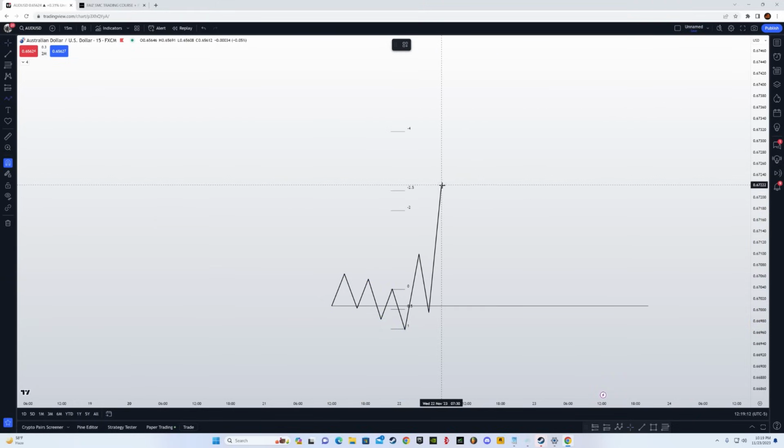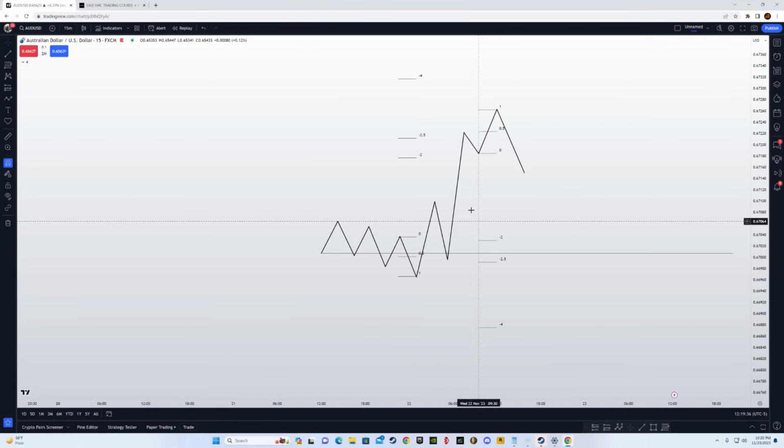From here onwards, what you're looking for is a shift in the market structure. Once you have a shift in the market structure, you now have to measure the expansion move. To do so, you want to use your Fibonacci from the last high to the last low that was formed before the market structure shift.